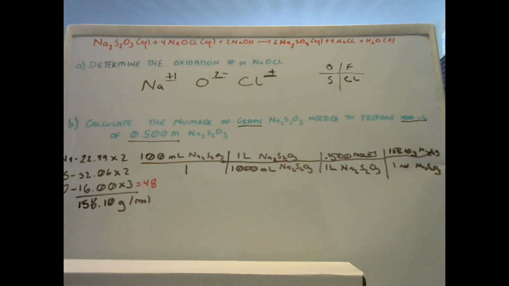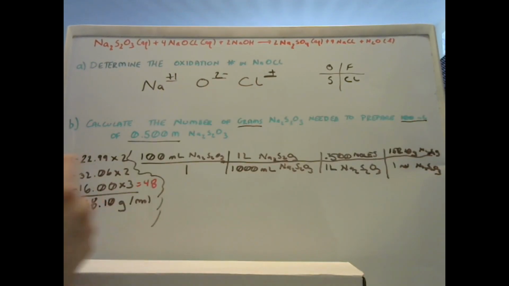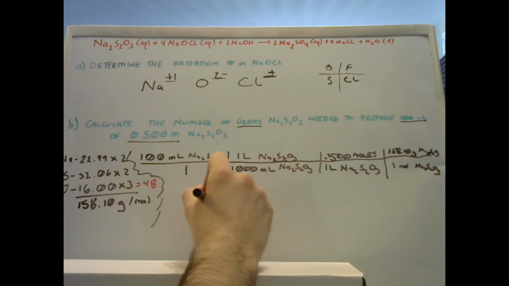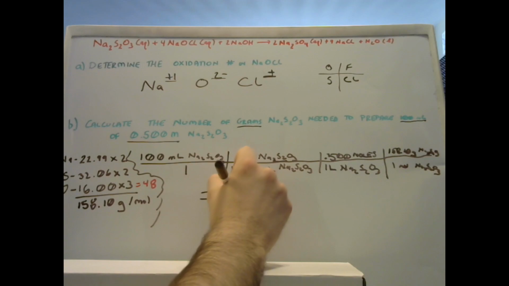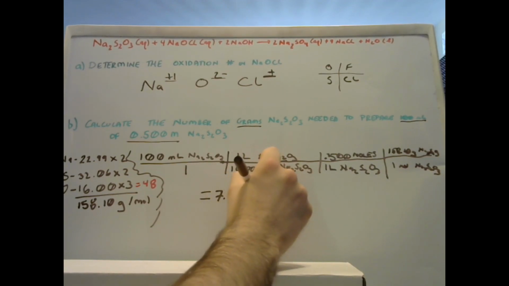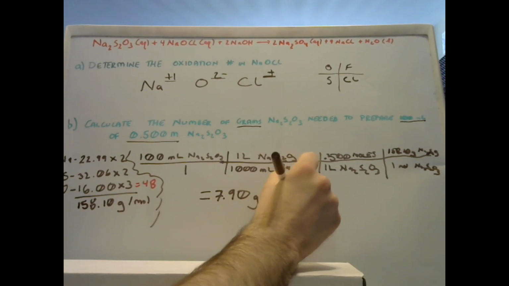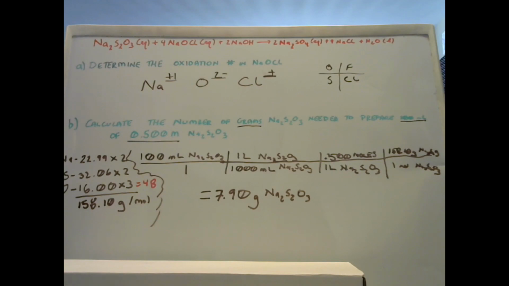And if you do this math out, multiply across the top, divide by everything on the bottom, you should get 7.90 grams sodium thiosulfate. That is A and B. Now on to C.